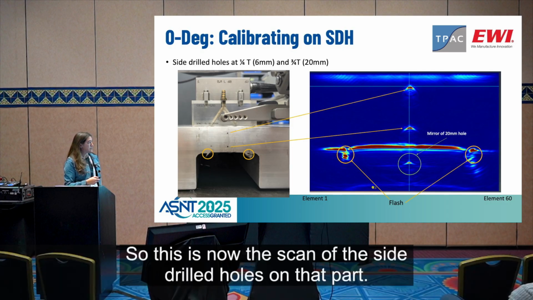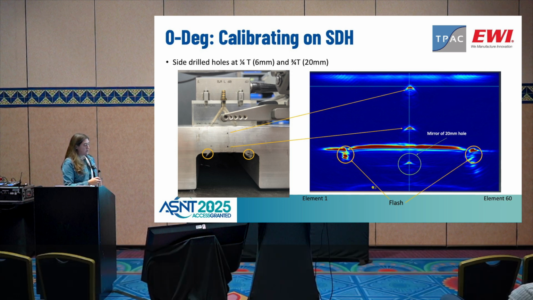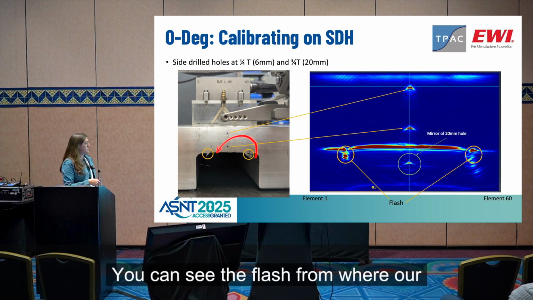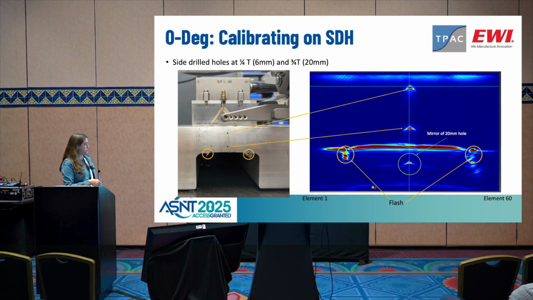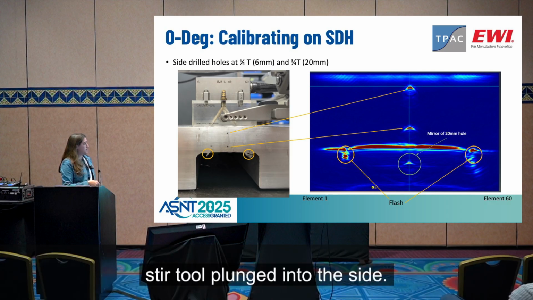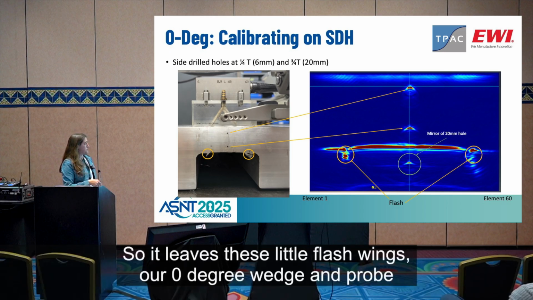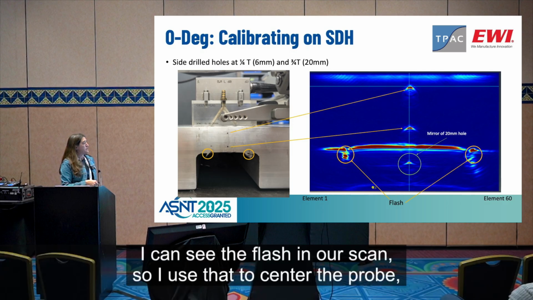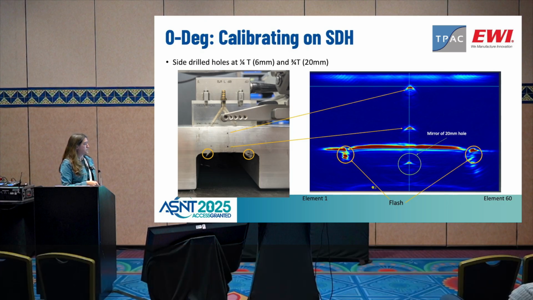So this is now the scan of the side drilled holes on that part. Here's the calibration block. You can see the flash from where our stir tool plunged into the side. So it leaves these little flash wings. Our 0 degree wedge and probe right over the weld. I can see the flash in our scan, so I use that to center the probe, which makes it really nice.